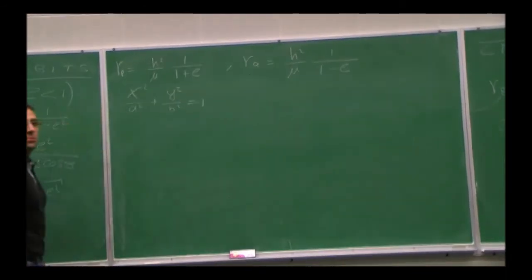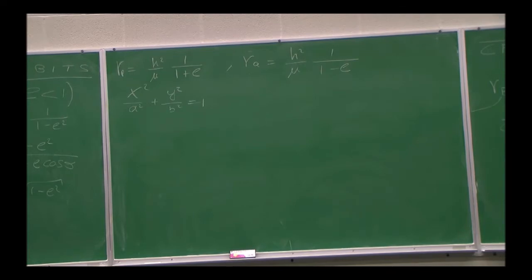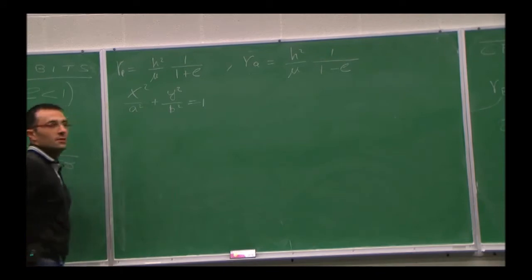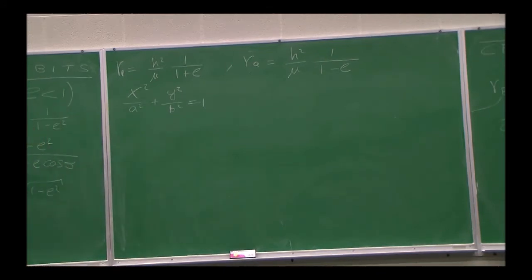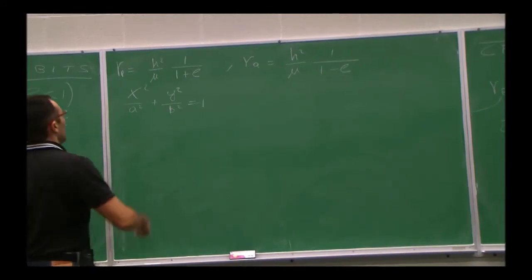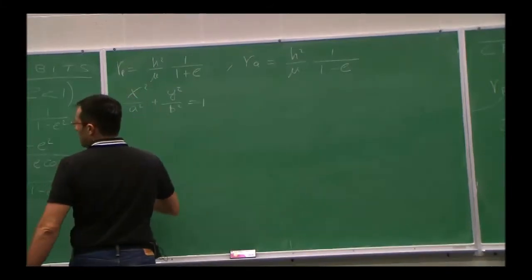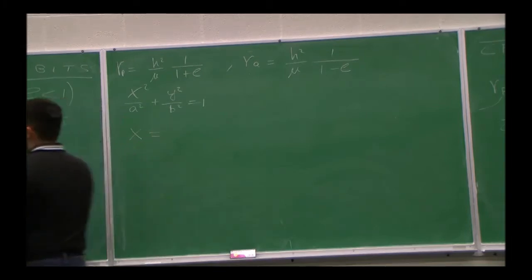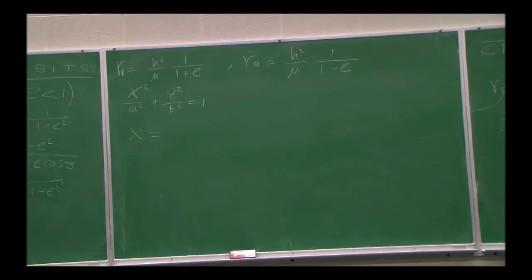This is the equation of an ellipse in Cartesian coordinates whose semi-major axis is A and the semi-minor axis is B. Now these are not memories from kindergarten, but still memories from somewhere else. So you need to believe me on this one. Okay, let's compute x and y. What is x? What is the x of M2? If I start counting the position from C, the origin, the center of the supposed ellipse, what is x?